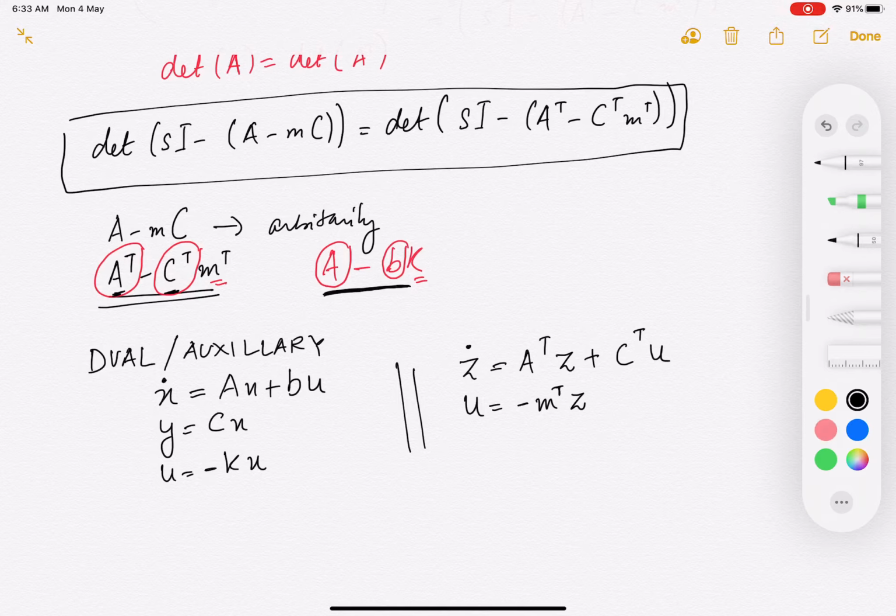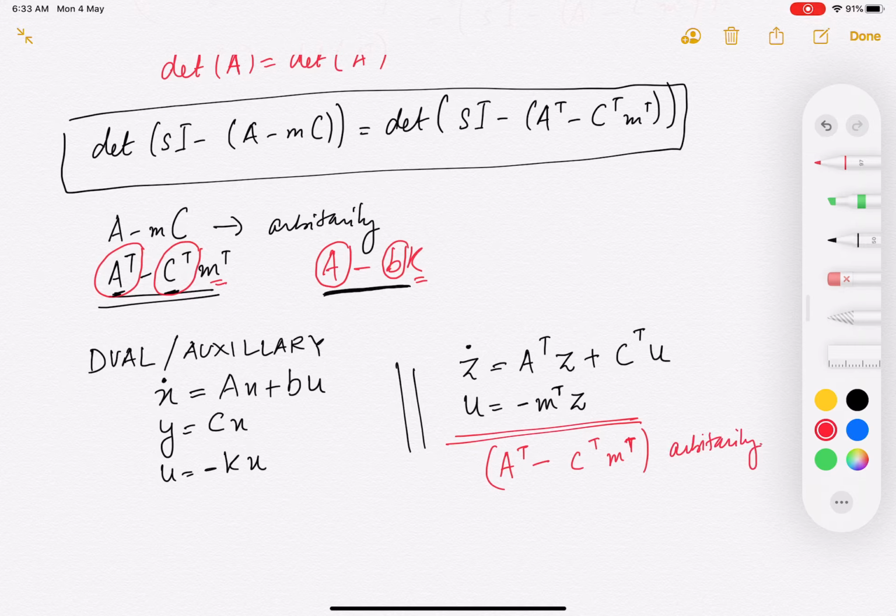So for this dual system, when you are placing the poles arbitrarily using this control law, what you are doing is you are placing the poles of A transpose minus C transpose M transpose. You are placing these eigenvalues arbitrarily.